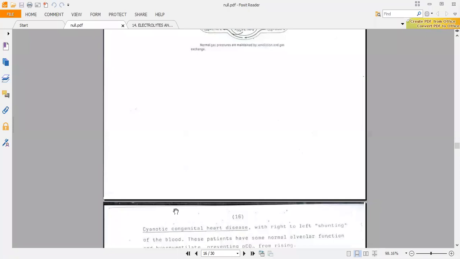So when the carbon dioxide leaves the system, because carbon dioxide is also acidic, it's a way of reducing the H plus ions.